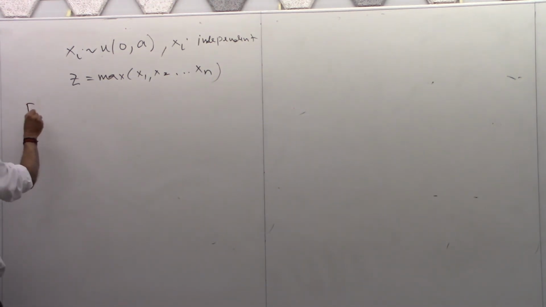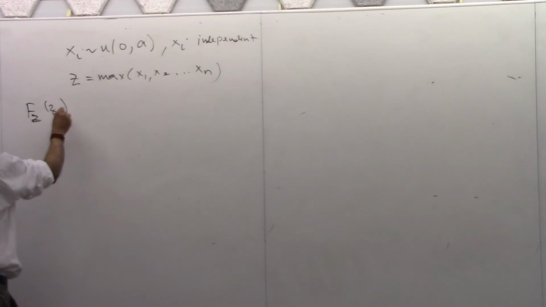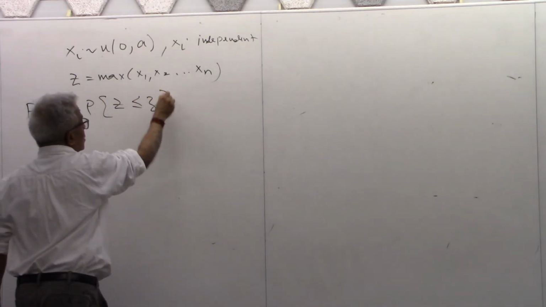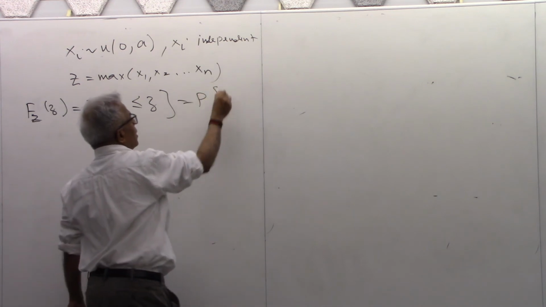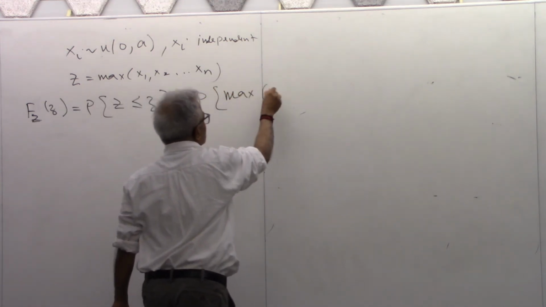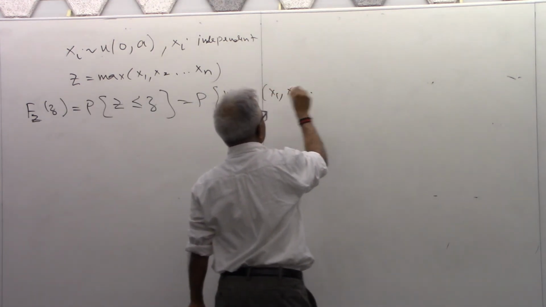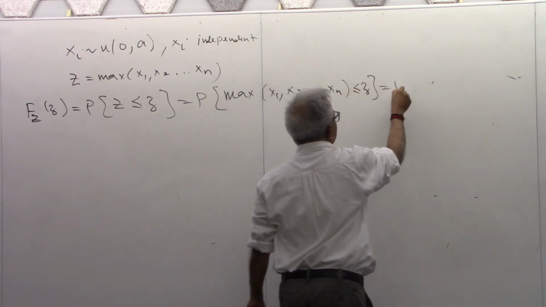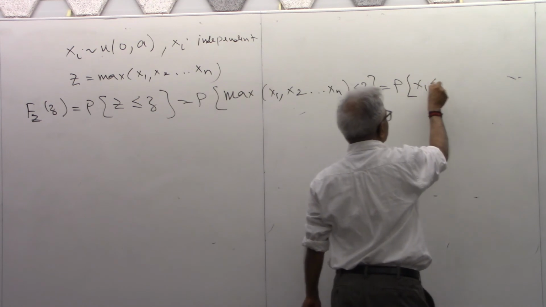So F_Z(z) is the probability of Z less than or equal to z. But Z is given to be the maximum of X1, X2, etc., Xn. That means each one of them is less than or equal to z.